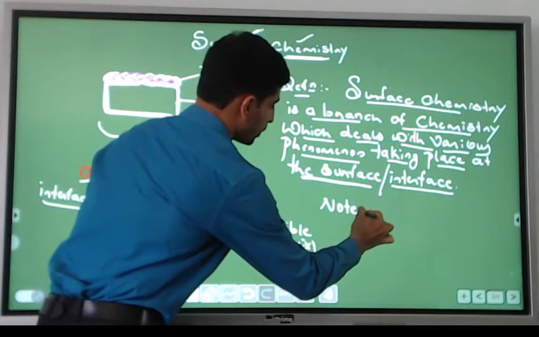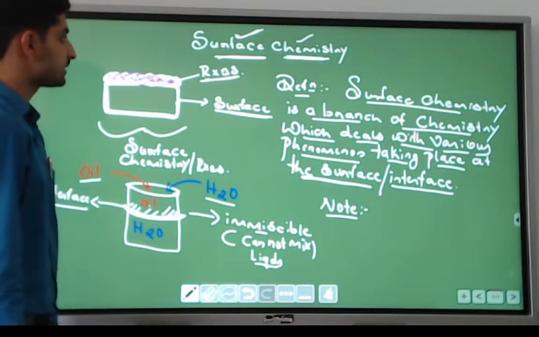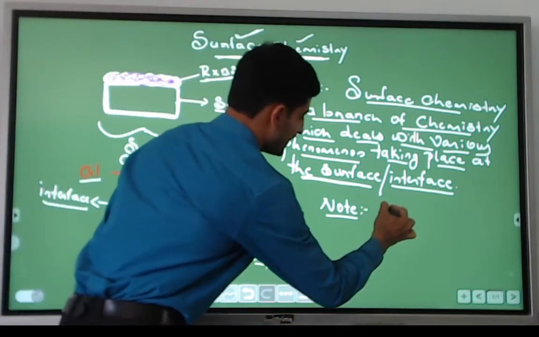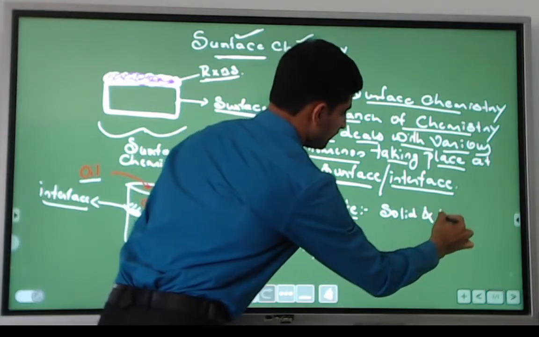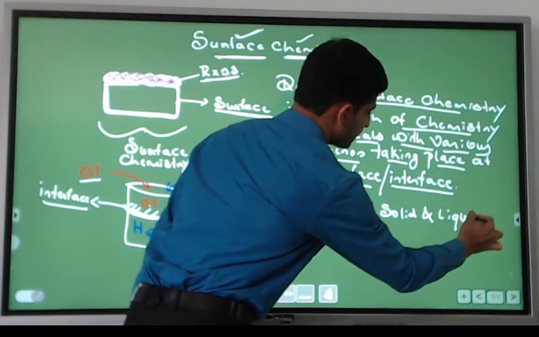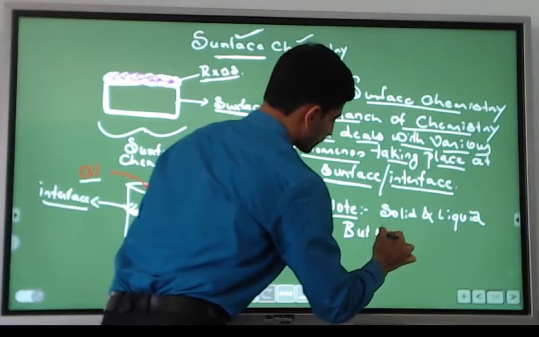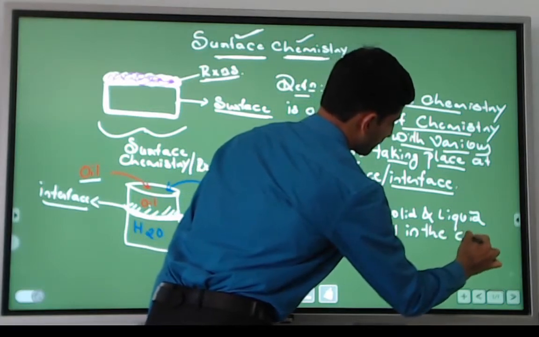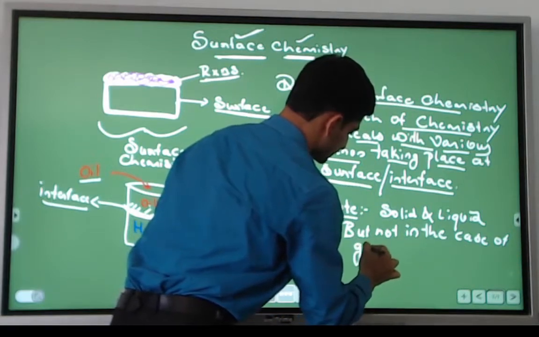What is the node point? What we have to remember right here: surface chemistry can be observed in the case of solid and liquid, but not in the case of gases.